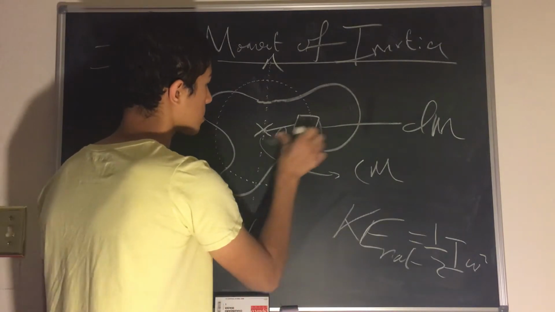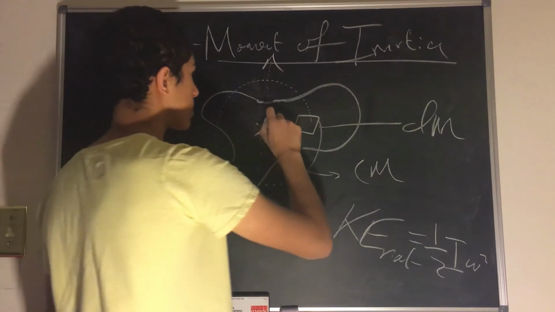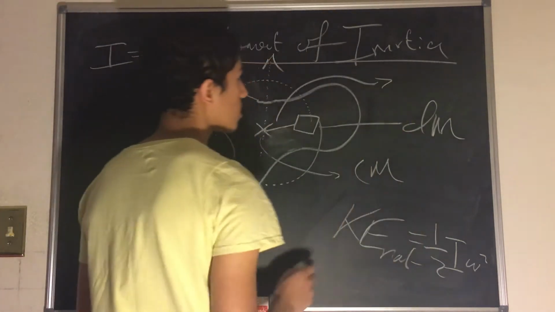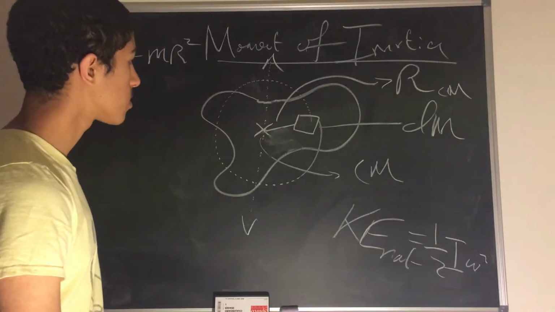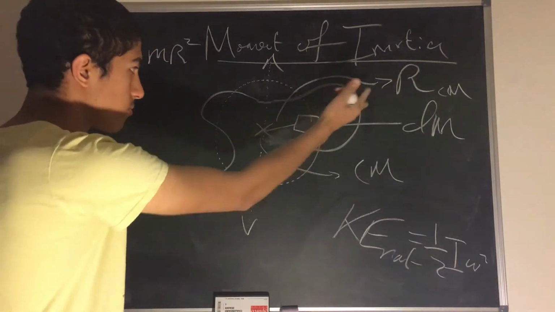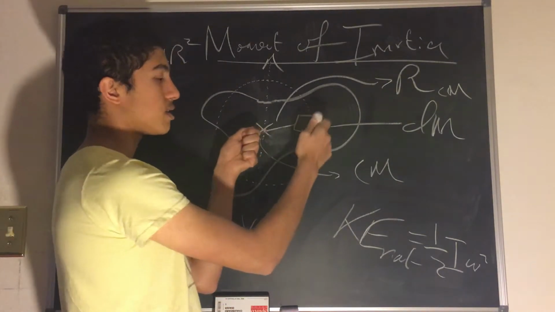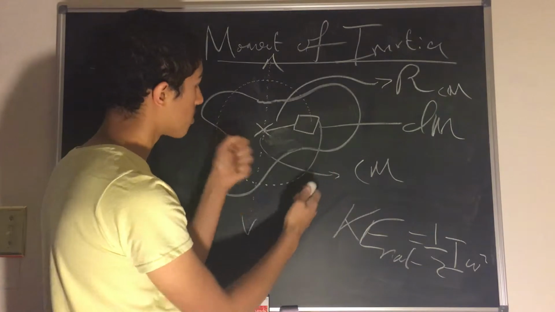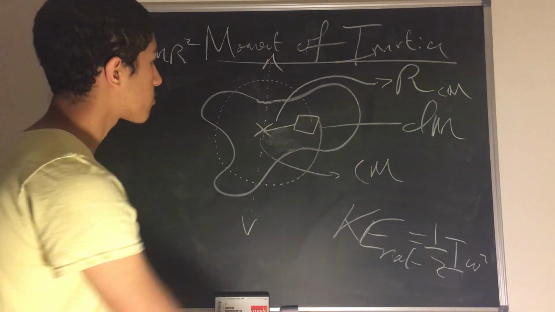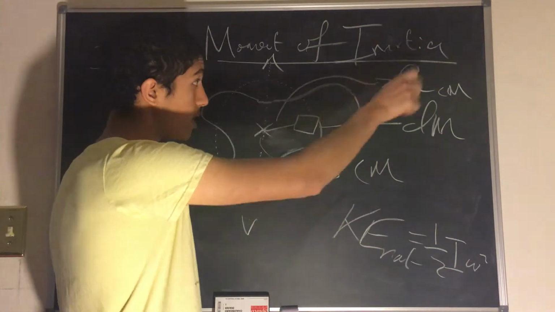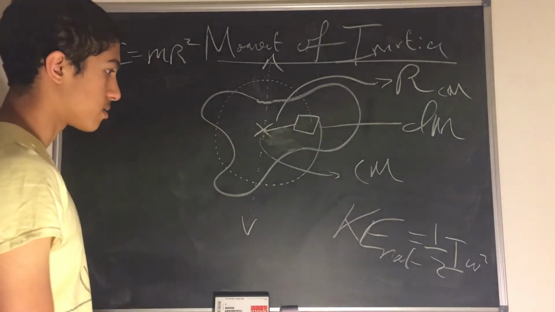And we're getting a little bit scrunched up in our room here, so let's title this r_CM. So we have some radius associated between the center of mass and the infinitesimal section which we are observing as it goes through circular motion. So now that we have the mass in question and the radius in question, we can evaluate effectively mr squared.